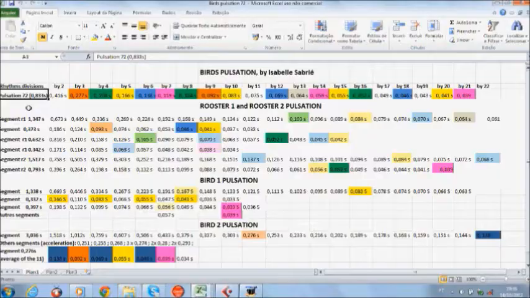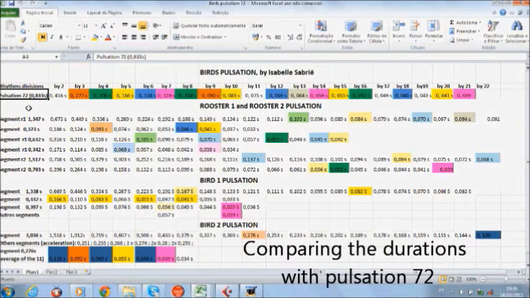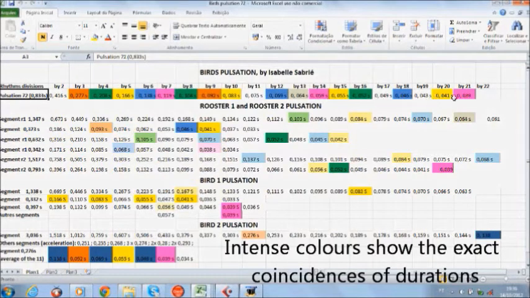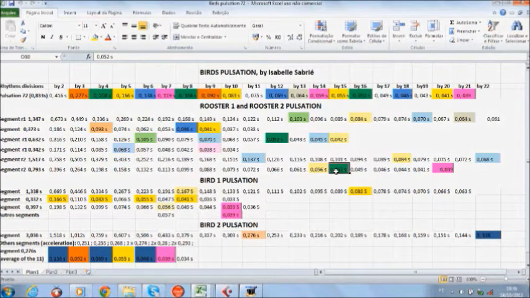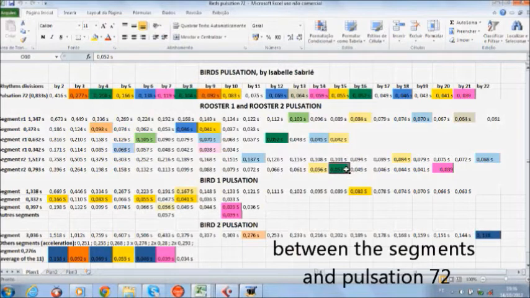Now we're going to compare the durations of the segments. And here we have some intense colors. The intense colors mean that we have an exact coincidence of number, of duration, between the pulsation 72 and the segment.